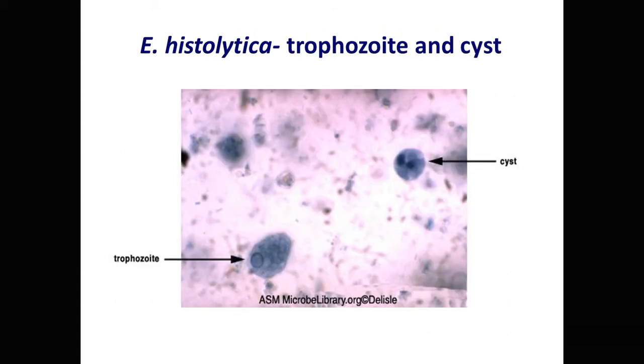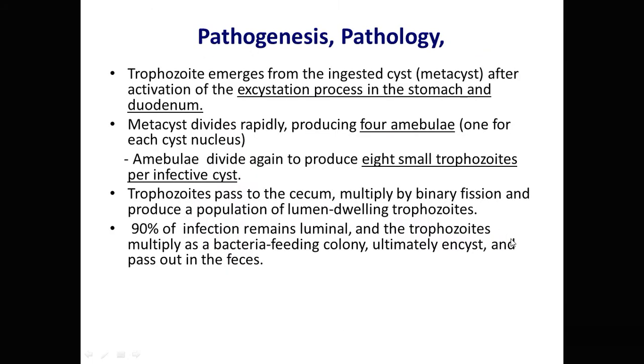Entamoeba histolytica has two stages: the cyst, which is the environmental form used for transmission, and the trophozoite, which is the feeding form. Cysts don't feed, but trophozoites feed and grow and then give rise to cysts as well.